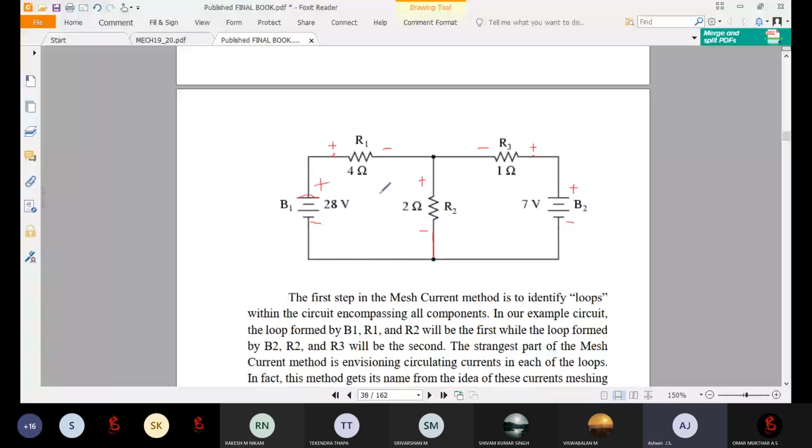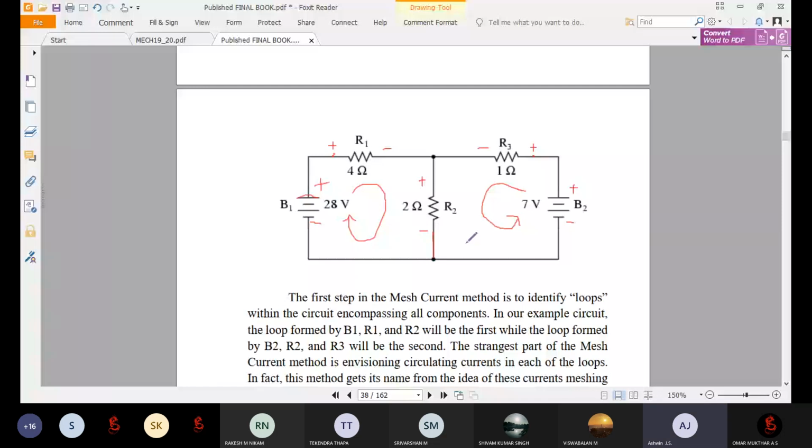Next, I want to make a loop. We don't know whether the current is flowing in the clockwise or the anti-clockwise direction. This is the user's wish. For an example, I will assume the current is flowing in this direction. Similarly, you can change the orientation if you want. What I planned here is that current flows from positive to negative. Similarly, in the second loop, I am going to assume that current is flowing in this direction.